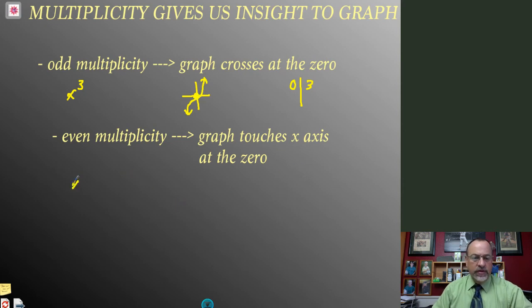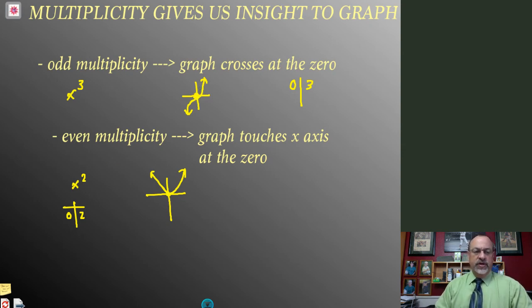If you take the quadratic, x squared, what's the zero? 0. What's the multiplicity? 2. Because it's an even multiplicity, it should just touch. And again, for x squared, there's the zero, and we know a parabola comes and touches. So an even multiplicity just touches, and an odd multiplicity crosses, so that's why we need to know what these multiplicities are.